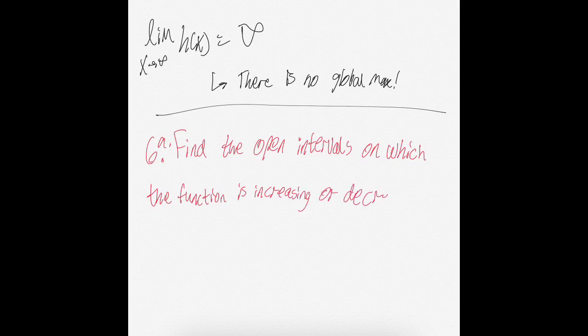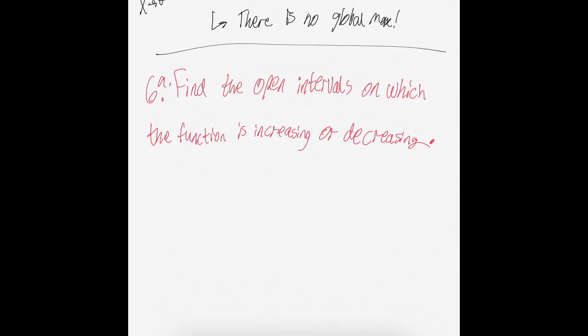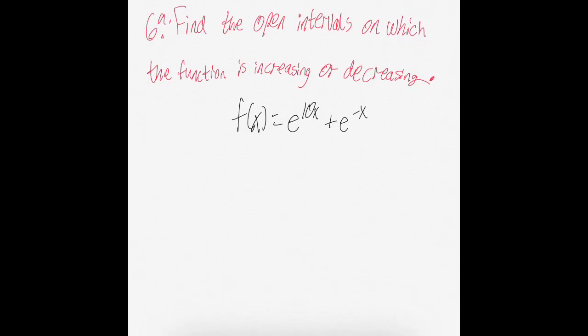In fact, this is 6a again. Find the open intervals in which the function is increasing or decreasing, the function being f of x equals e to the 10x plus e to the minus x.